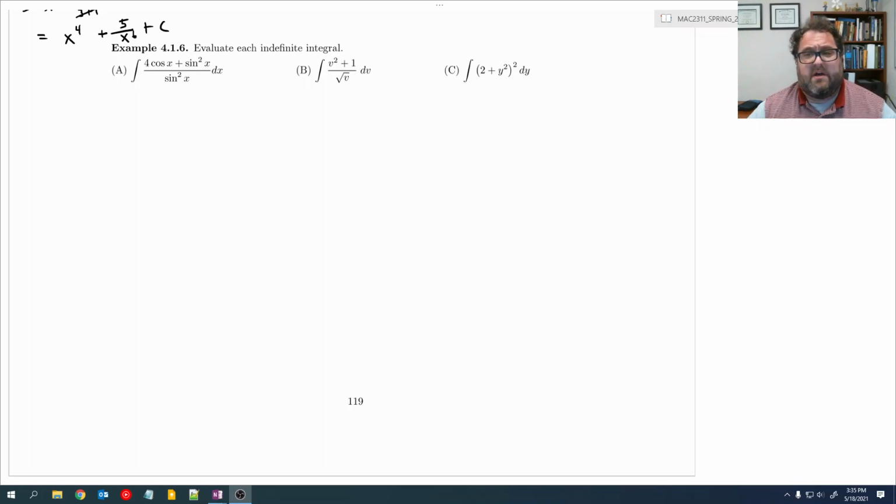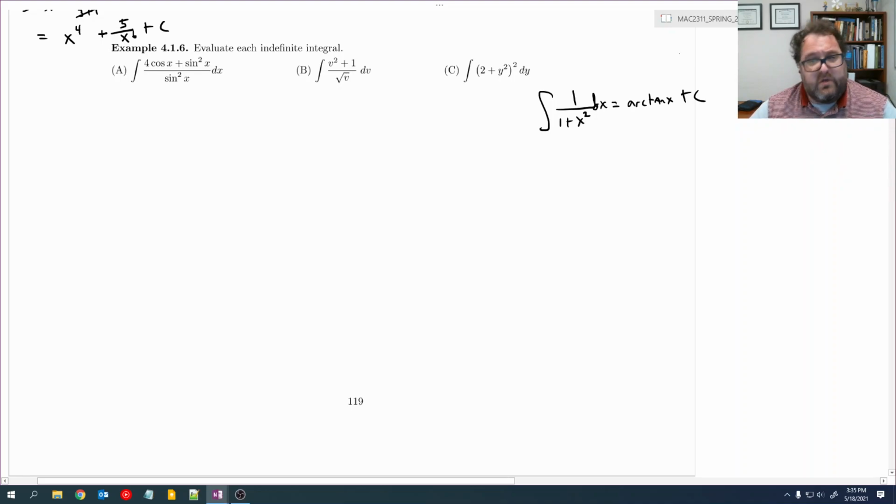Now, of course, there are some integrands that happen to be quotients that we know the antiderivative of. For instance, the antiderivative of 1 over 1 plus x squared dx. We know that the antiderivative of that is arctan x plus c. Why?